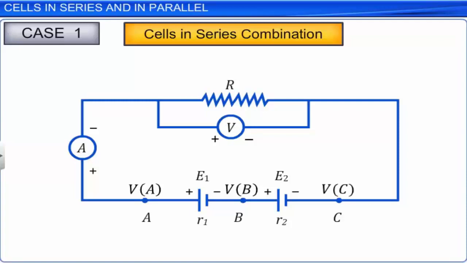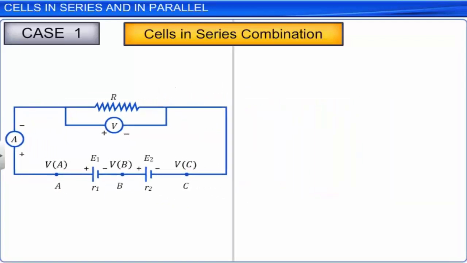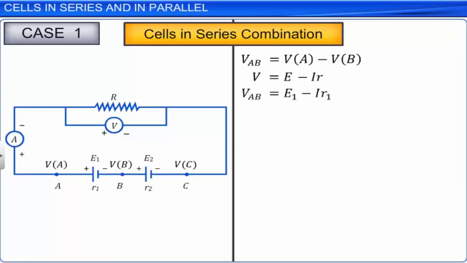VAB is the potential difference between points A and B, which also represents the potential difference between the positive and negative terminals of the first cell. We know that terminal voltage V is equal to E minus I into R. Substituting the corresponding expressions of cell 1, we can now write VAB is equal to E1 minus I into R1.